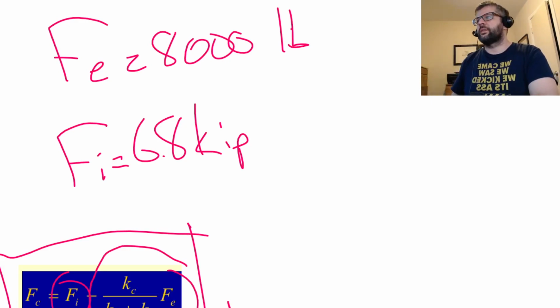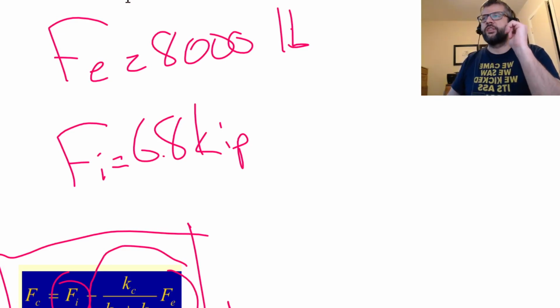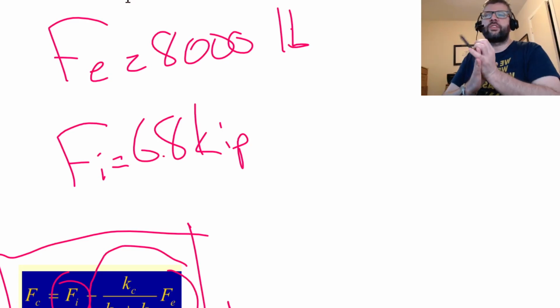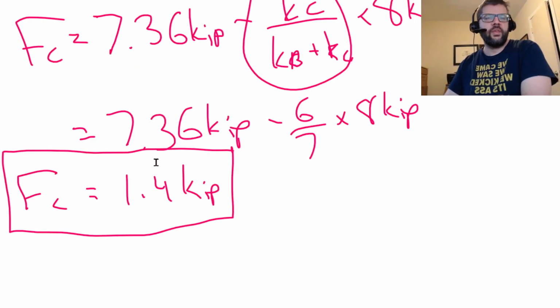That resulted in 6.8 kips as initial load. For this one, we're looking at a higher initial load, resulting in a higher compressive residual force in the joint.